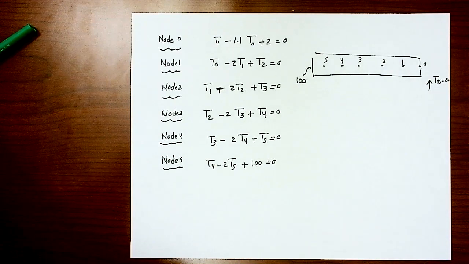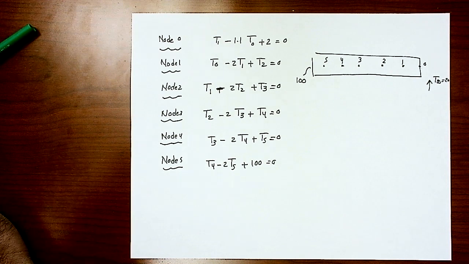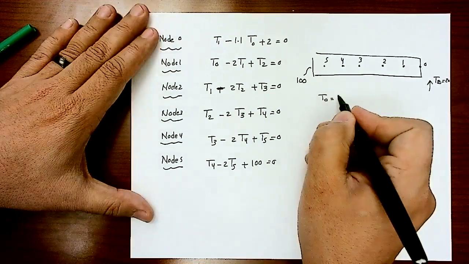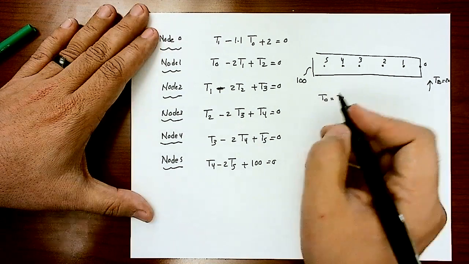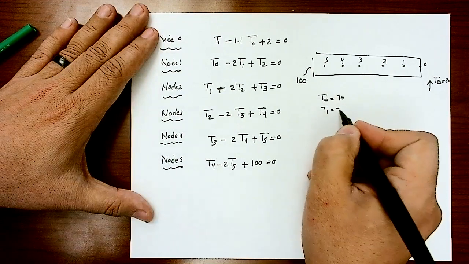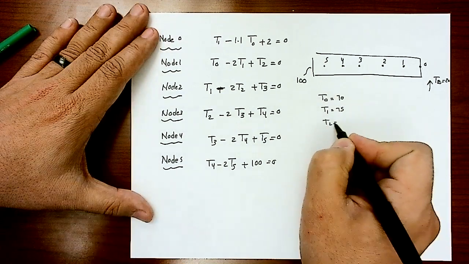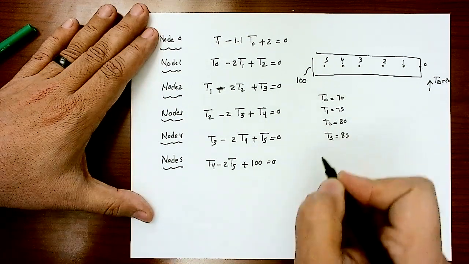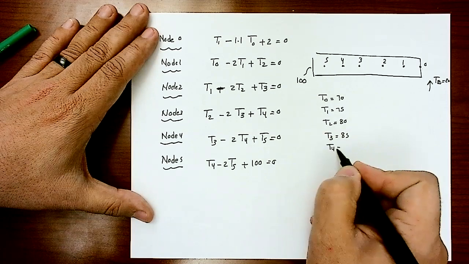So you should be able to take these equations, solve them by any method that you like, and you should be able to get the following. I got the following answer. T0 is equal to 70. T1 is 75. T2 is 80. T3 is 85. T4 is 90.